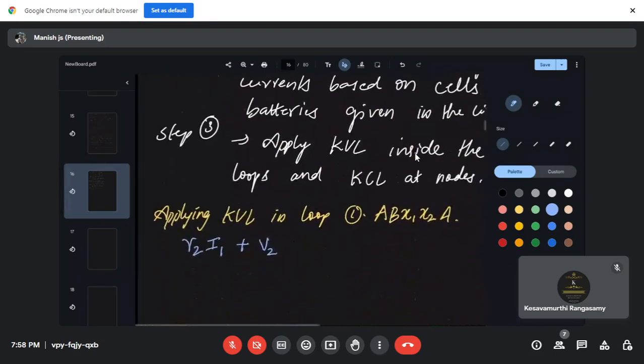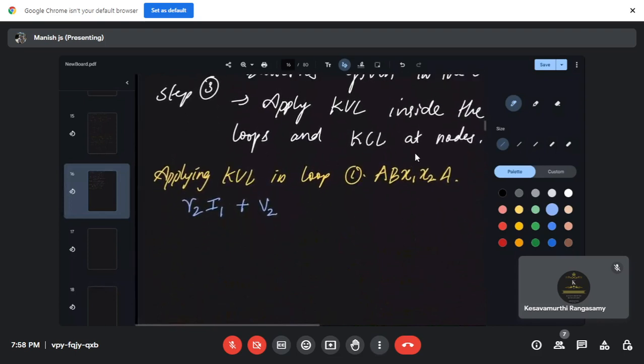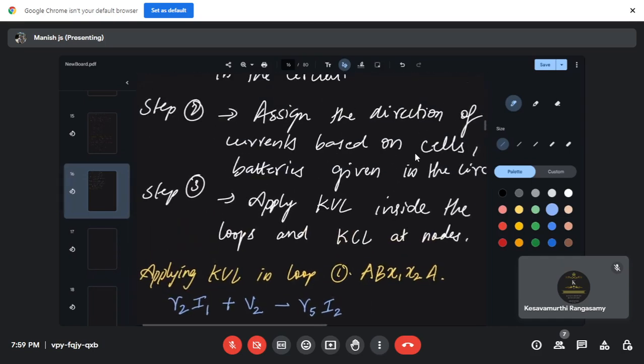So I will write minus R5 into I2. Resistance and current give the potential difference, V is equal to IR, isn't it? Therefore I am writing a minus sign, because I am moving in the opposite direction of current as I touch resistor R5. That's why minus R5 I2.